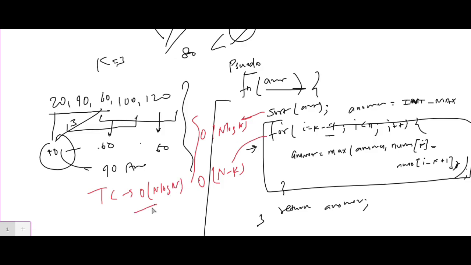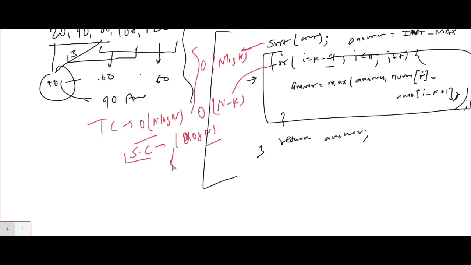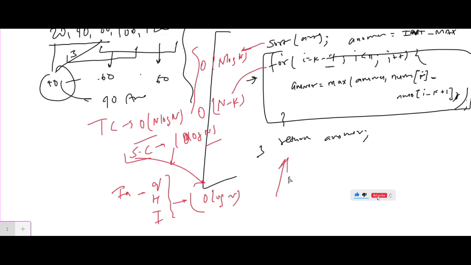Since we are using the inbuilt sort function, the space complexity will be O(log n). How is it O(log n)? You can read it up: the inbuilt sort function uses quick sort, heap sort, and insertion sort, and its space complexity is the recursive stack, which takes O(log n). So this is one of our solutions, and I hope you will like it. Thank you.